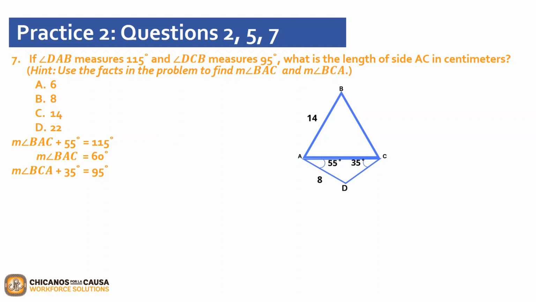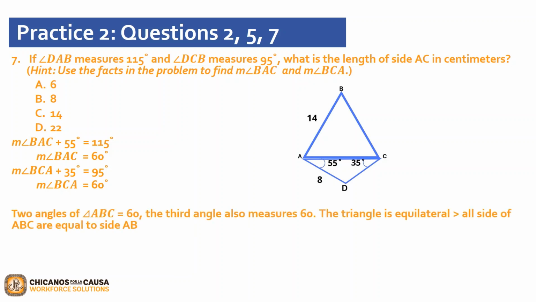We're going to solve for the variable, in this case, the measurement of BCA, which gives us 60 degrees. So we already know, just based on the calculations, that angle BAC is 60 degrees and angle BCA also equals 60 degrees. We can determine that angle B also measures 60 degrees.